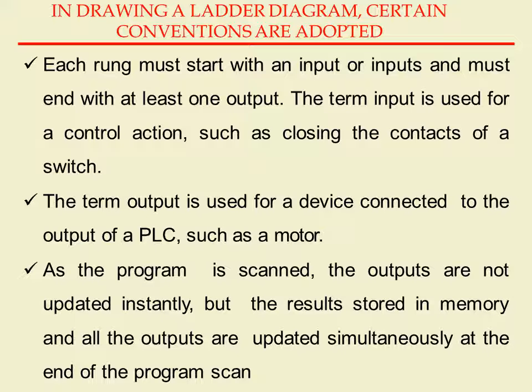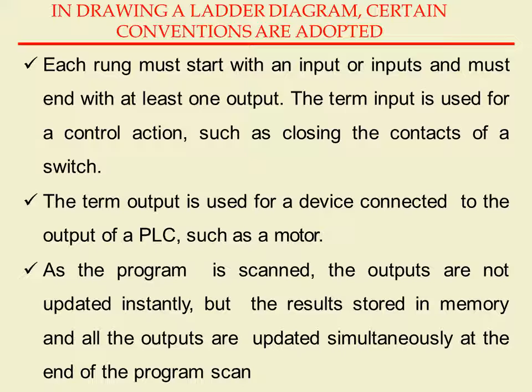Each rung must start with an input or inputs and must end with at least one output. So in the rung there are a number of inputs and one output, and it is convention that the inputs are placed at the left side of the rung and the output is placed at the right side of the rung. The term input is used for a control action such as closing the contacts of a switch.